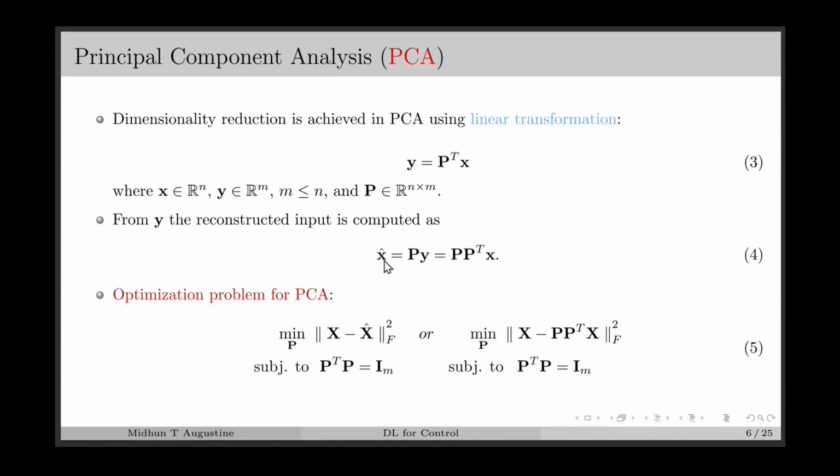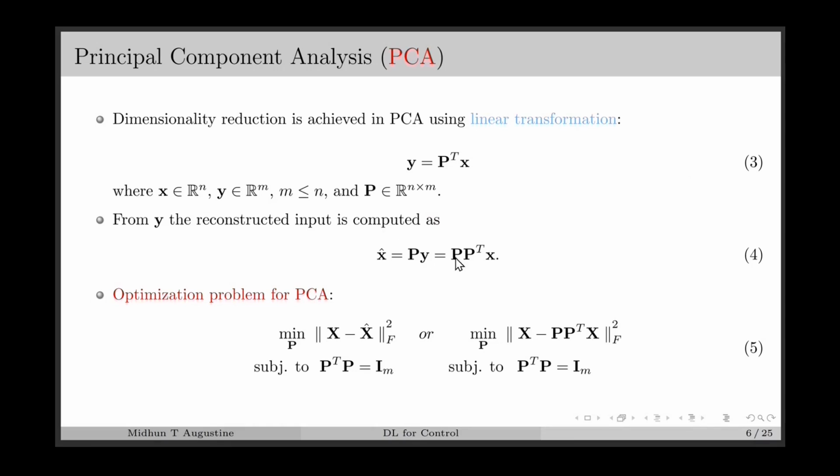Now in PCA, the dimensionality reduction is achieved by using a linear transformation as in equation 3, where the transformation matrix P transforms the input vector x to a latent vector y, where y contains a small number m of variables and x contains n variables. In general, m is less than or equal to n, and in the case of dimensionality reduction, we will have m strictly less than n. From y, the reconstructed input can be computed as in equation 4.